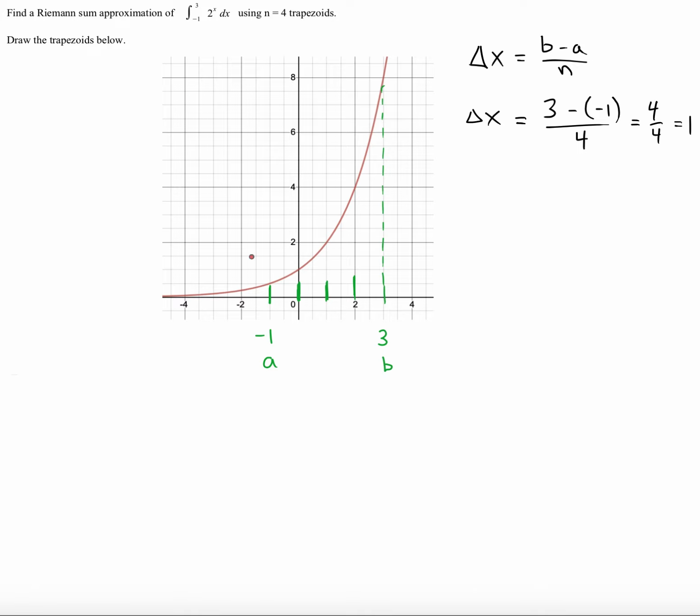And what do I mean by that? I mean, for this trapezoid here, the left side will intersect the curve at this point, and the right side would intersect the curve at that point. And what we want to do to create the trapezoid is connect the two.